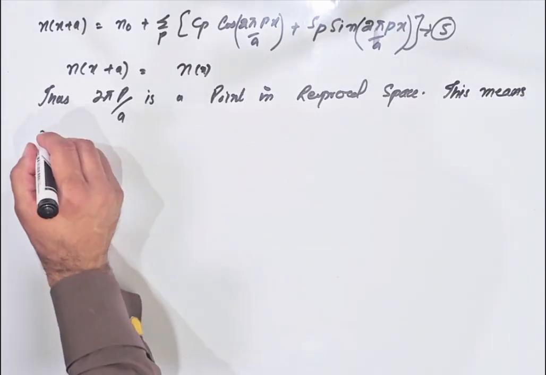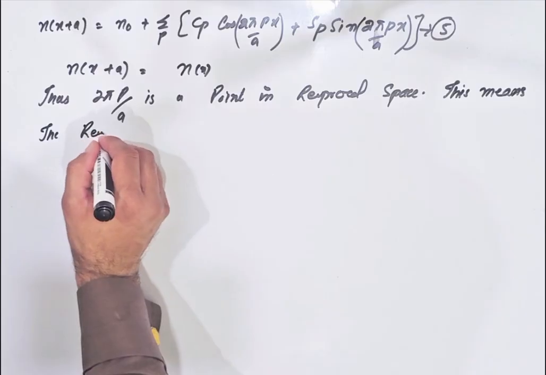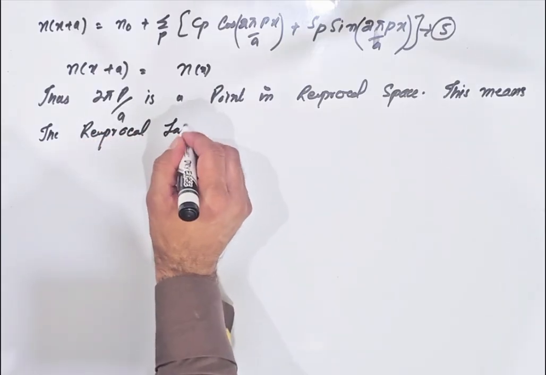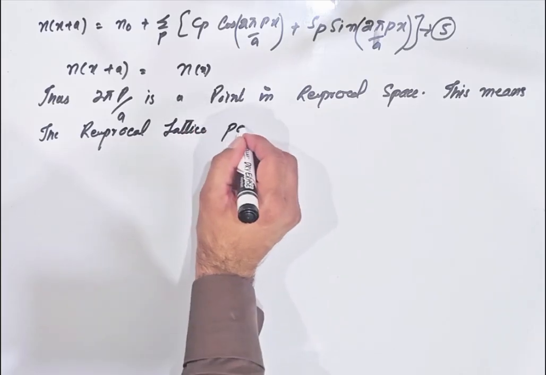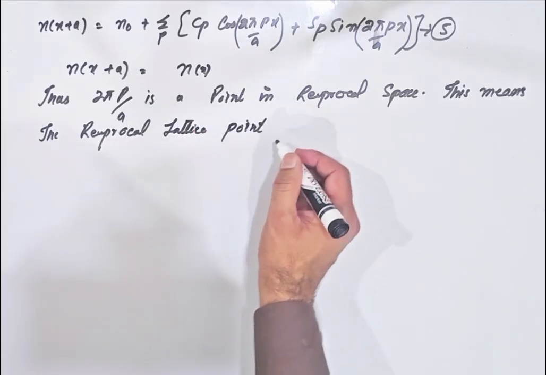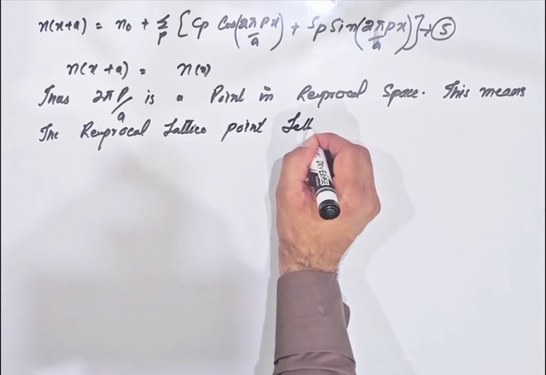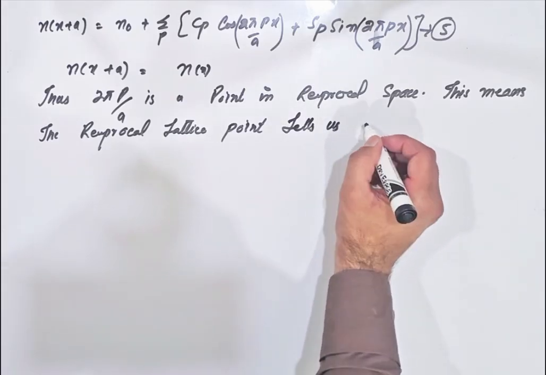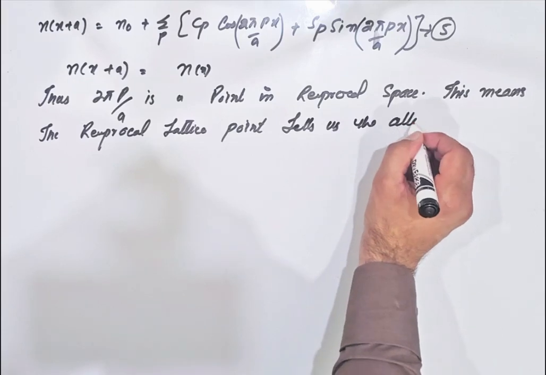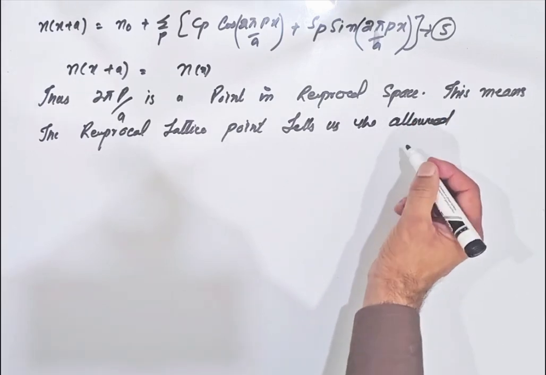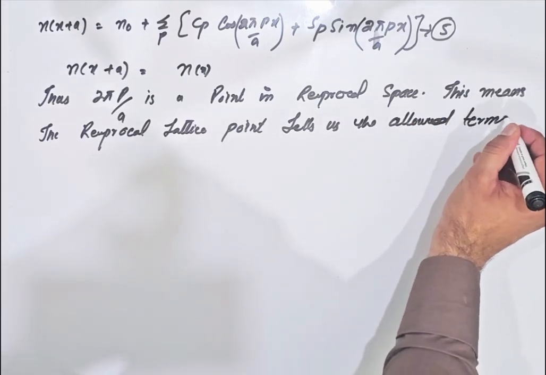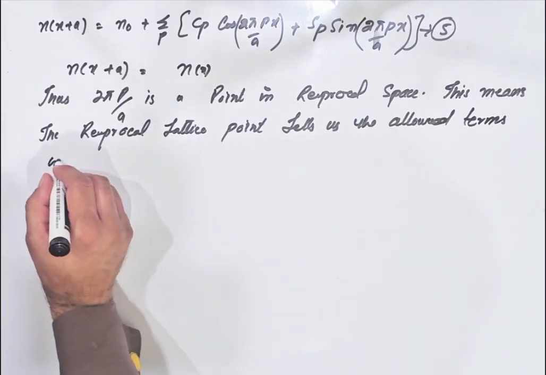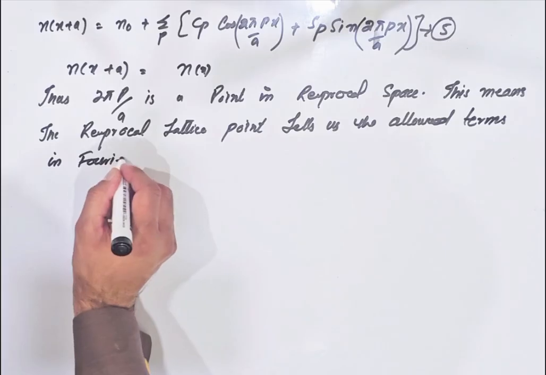This means the reciprocal lattice point tells us the allowed terms in the Fourier series.